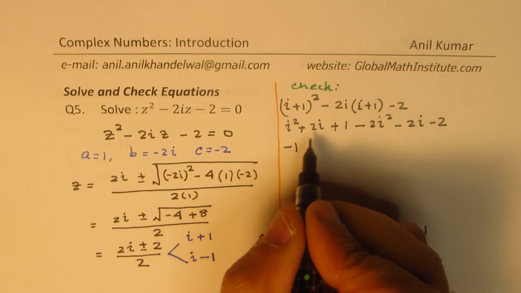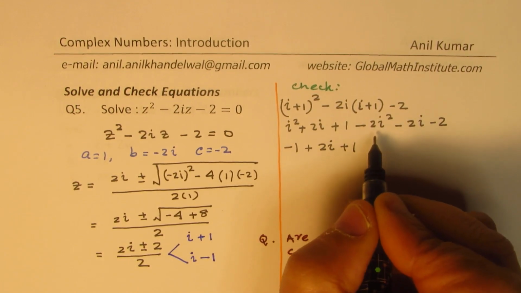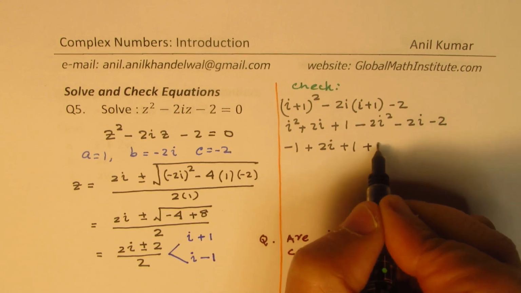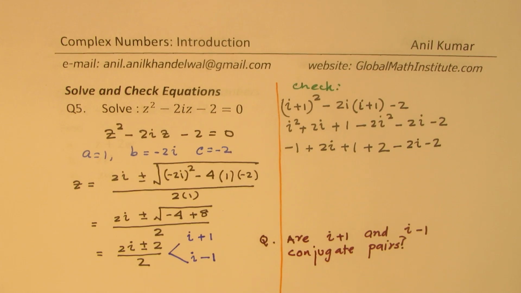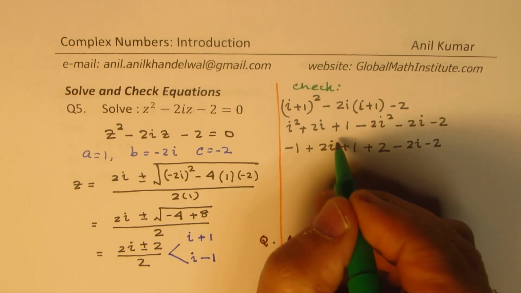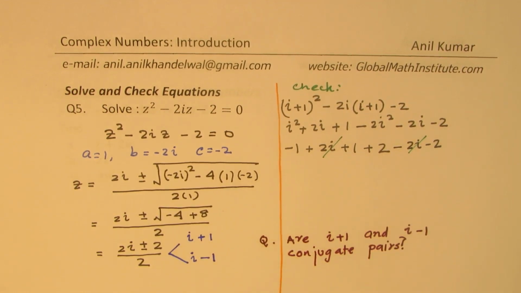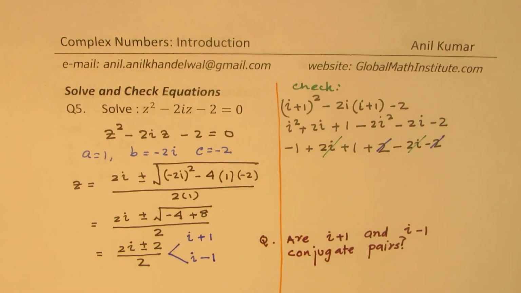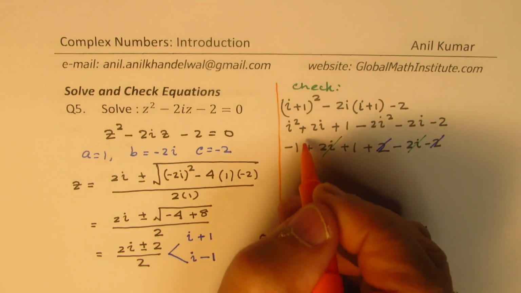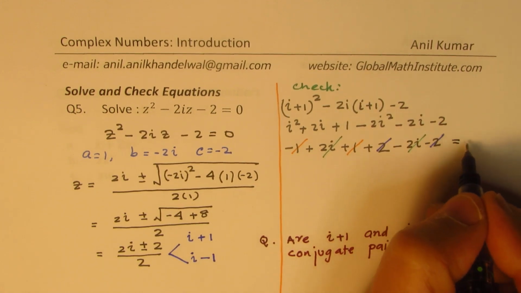So i square is negative 1 plus 2i, and here we have positive 1, and i square is negative, so that becomes positive 2. Here we have minus 2i and minus 2. So clearly you can see here that 2i and minus 2i cancel. We have plus 2 and minus 2 cancel. And we also see that this is also cancelling. So we do get our solution, which is that this is equal to 0.